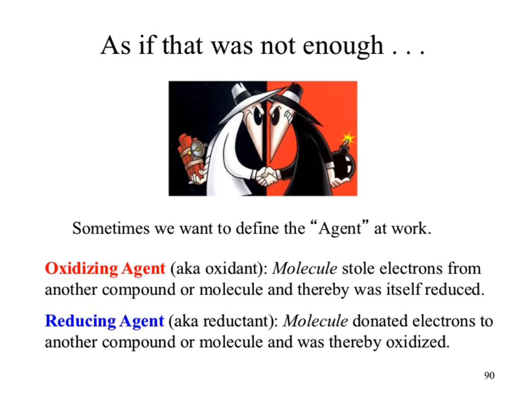So a reducing agent. If I'm a reducing agent, I cause you to be reduced. You are gaining electrons. The only way you can gain electrons is if there's a source somewhere. So if I am forcing you to gain electrons, the only way that can happen is if I give you those electrons. So I have to lose electrons.